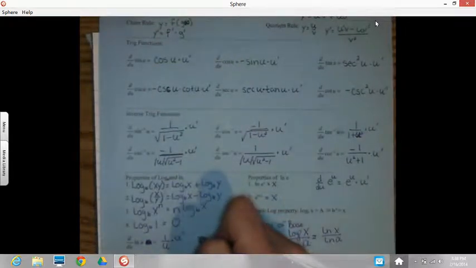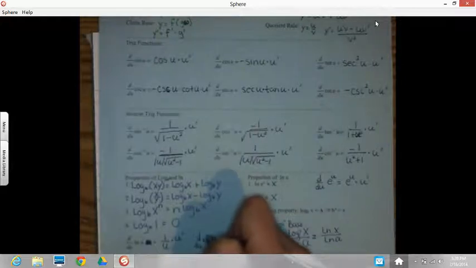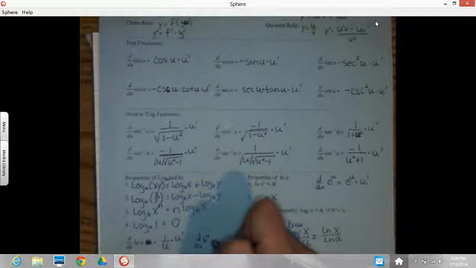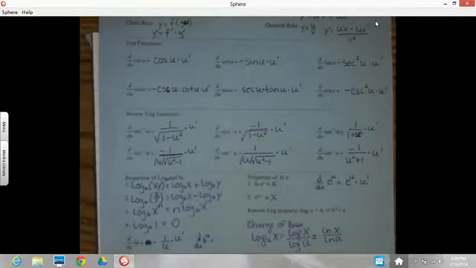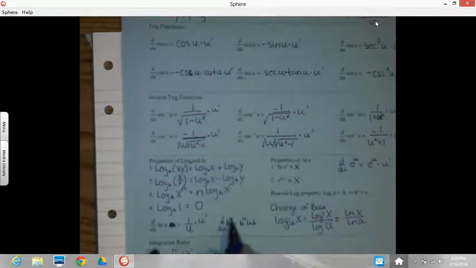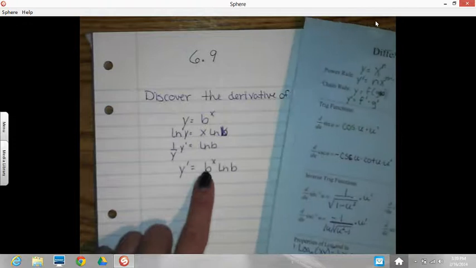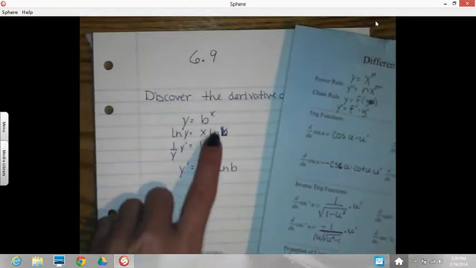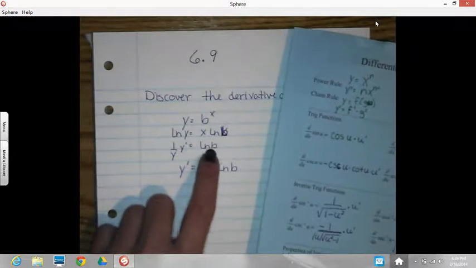The derivative with respect to u of b to the u is itself times the natural log of b. That's going to happen every single time because it's the original equation that gets multiplied in, and when that comes down, that derivative goes to 1, we just get the natural log of that number that was there.